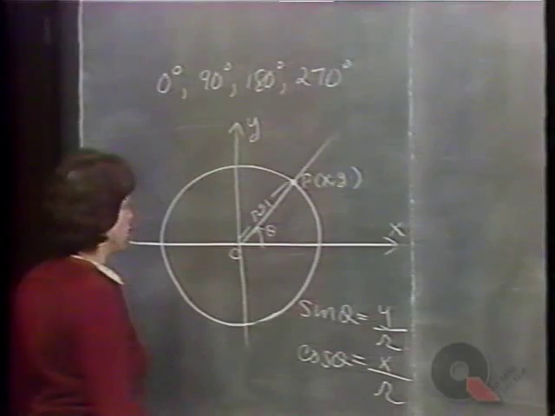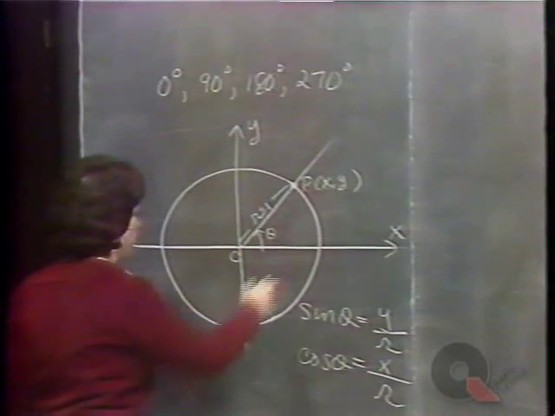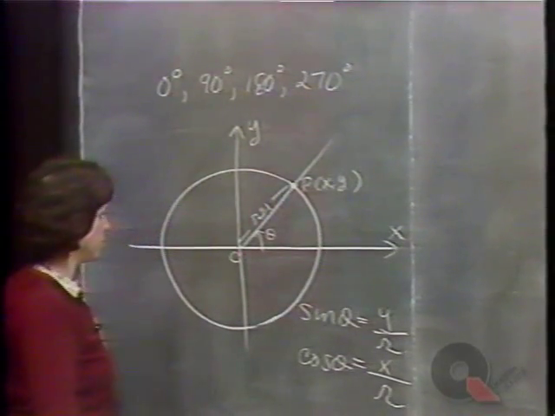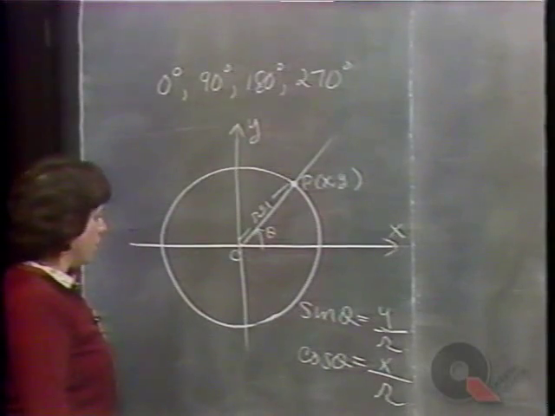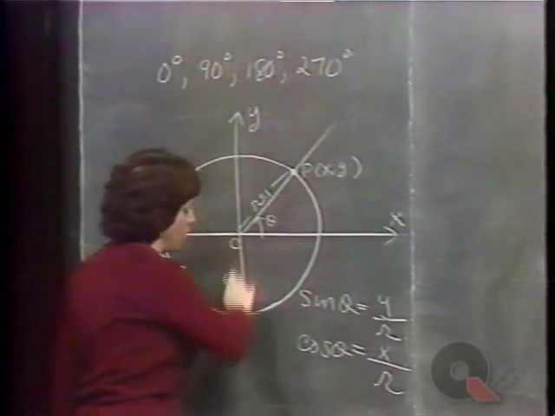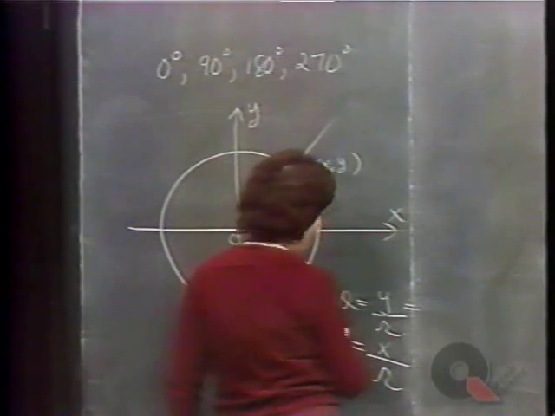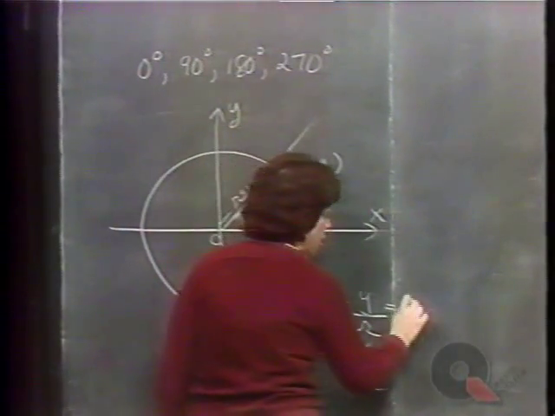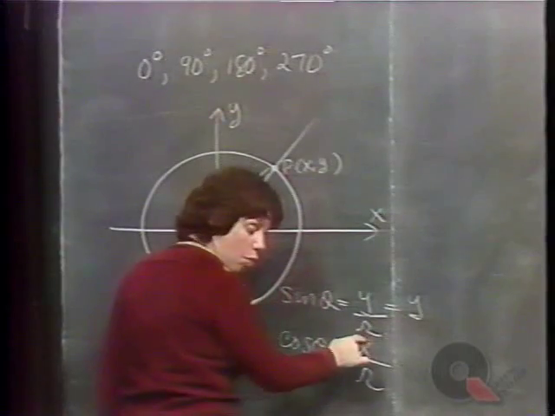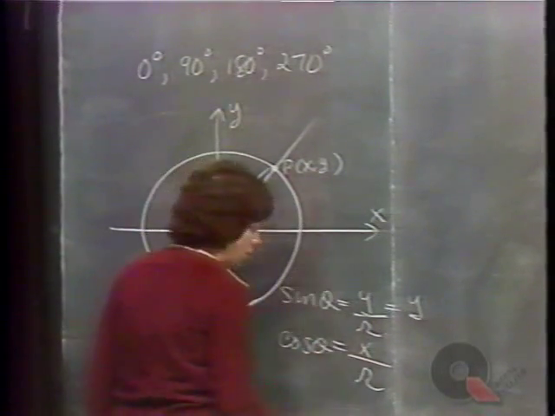Here we have a unit circle, a circle centered at the origin of radius 1. Now if that r is equal to 1, this tells me that in this case, for this picture, sine of theta, which is y over r, is just y over 1, because r is equal to 1.